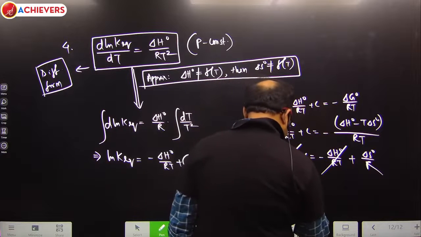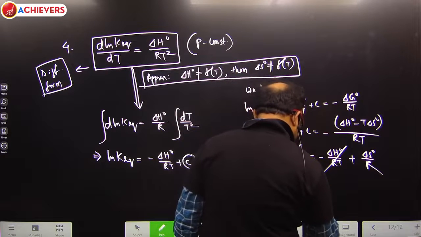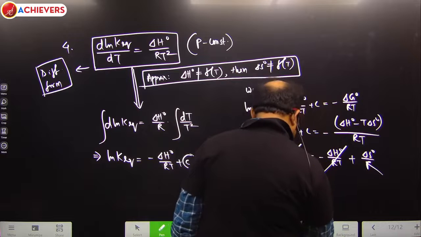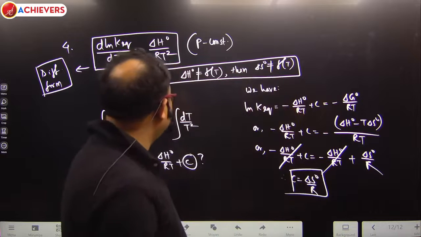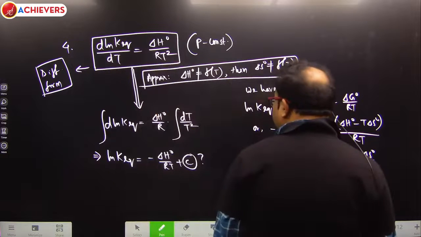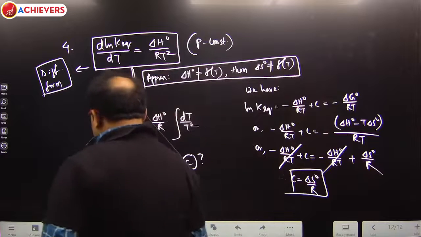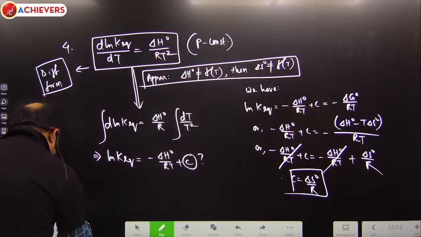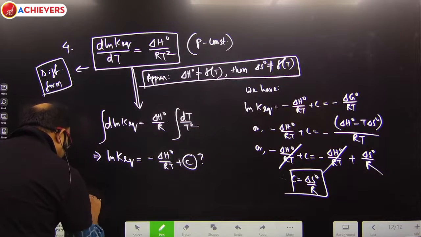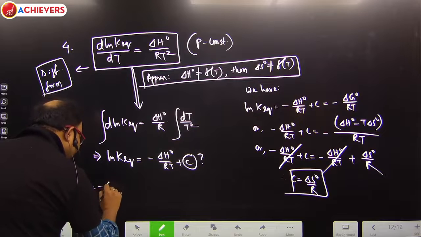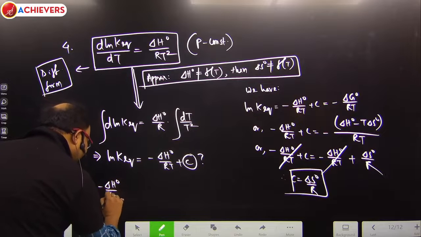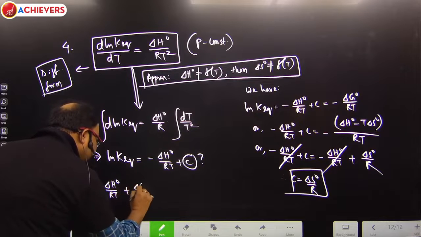So from here you can say C is equal to delta S naught by R. So from here you get ln Kq equal to minus delta H naught by RT plus delta S naught by R.